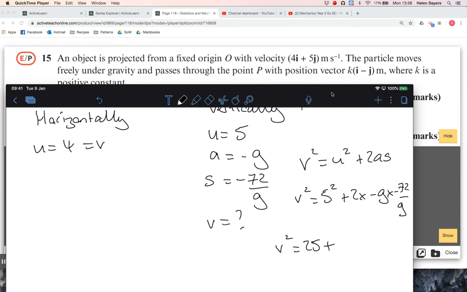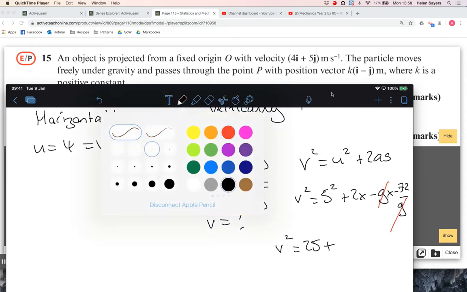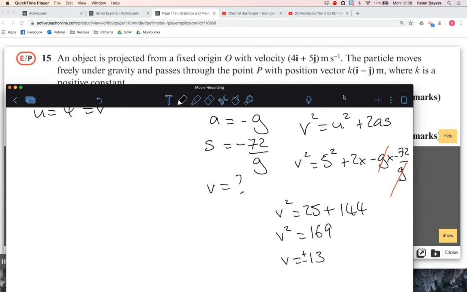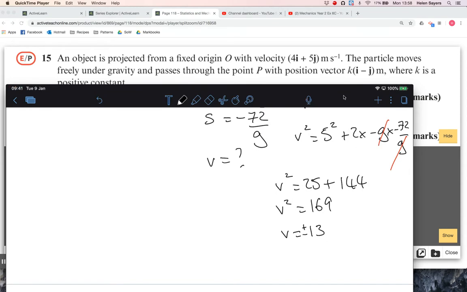I was going to say I'll leave it in terms of g, but those g's are going to cancel, so that's not a problem. That's just going to leave me with plus 144. So v squared is 169. So v is plus or minus 13. And it's not going to make a difference to the speed.